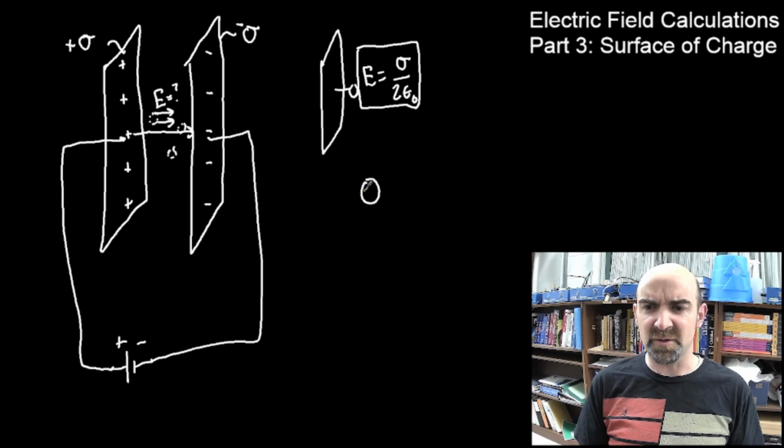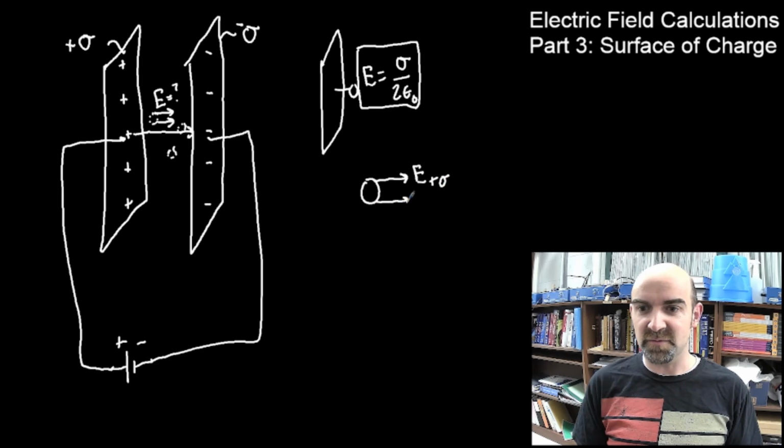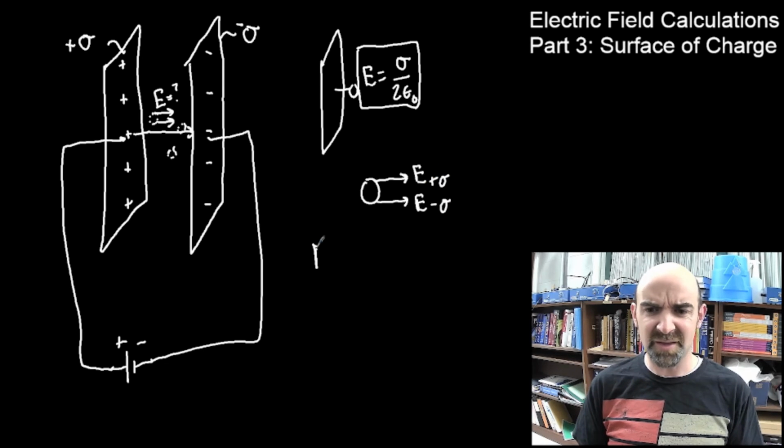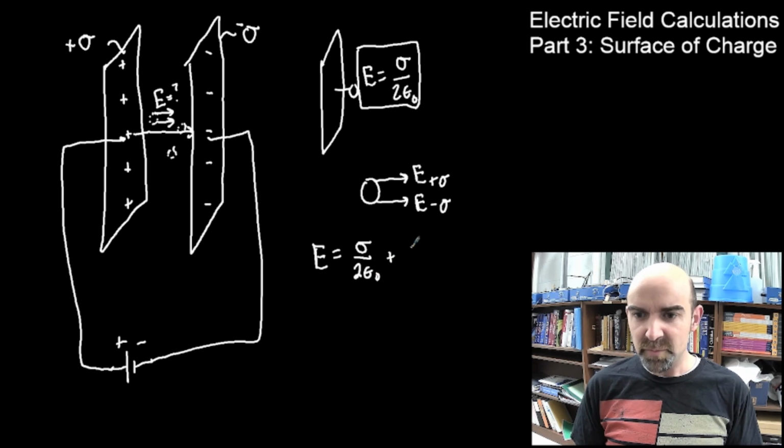If we drew a little electric field diagram, we'd have the field from the positive sigma and the field from the negative sigma both going in the same direction from this perspective. So we add that up in between these 2 plates: sigma over 2 epsilon naught plus sigma over 2 epsilon naught.